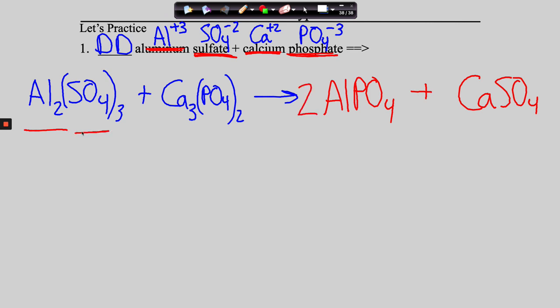We have 3 SO4s, so we need 3 SO4s. Now we have 3 calciums, and we have 3 calciums, and now we have 2 PO4s, and we have 2 PO4s, and that's balanced. That's what this page is all about.